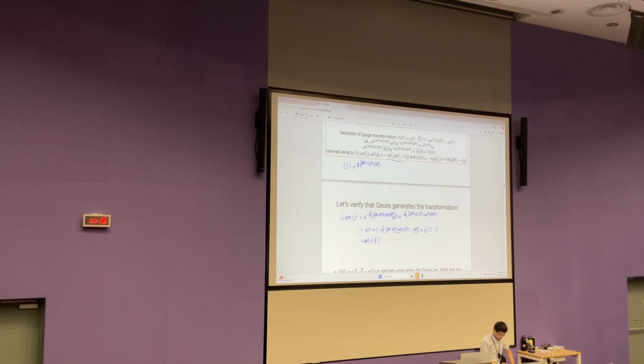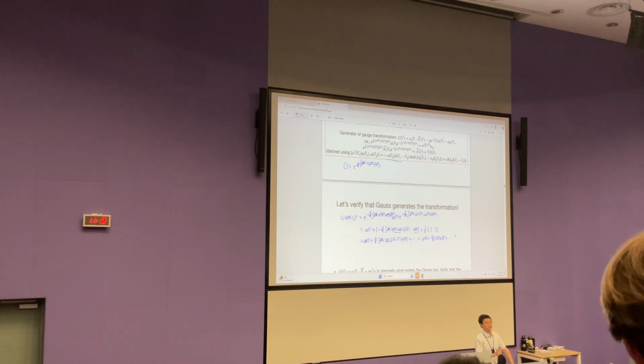That minus will convert this minus into plus. Minus a with the derivative of the delta function, and you will see this becomes, the dots represent the terms coming from the nested commutators.